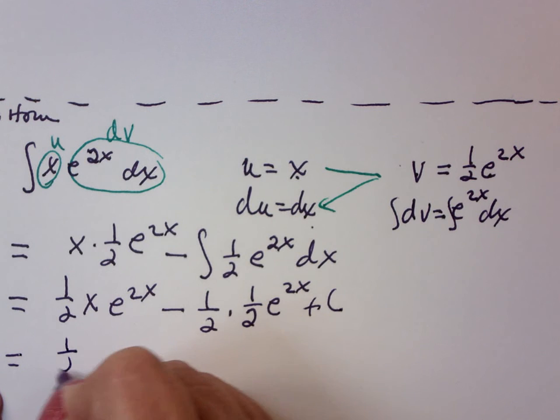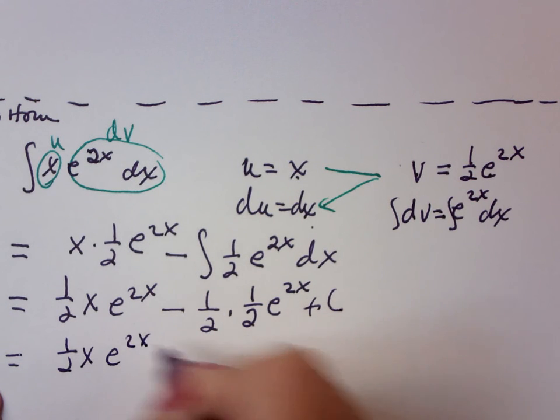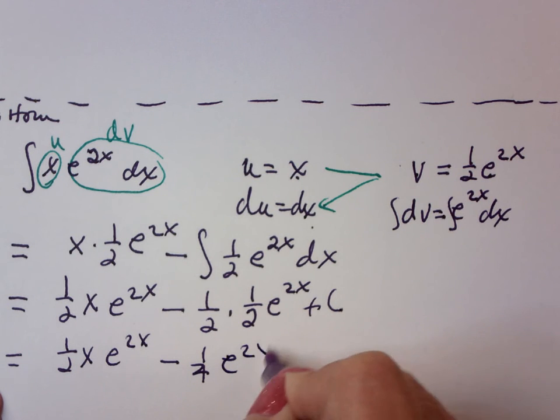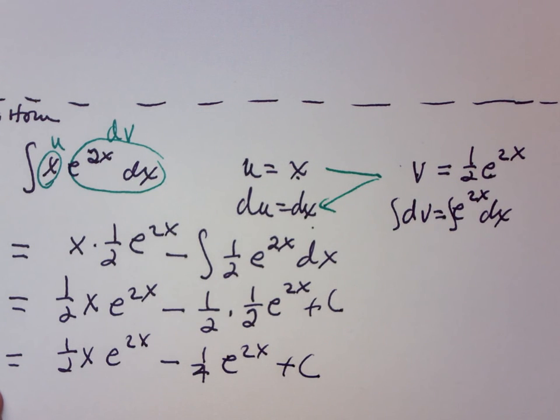So this is 1/2 x e to the 2x minus 1/4 e to the 2x plus c. Now that's what gets moved back up to the top, right?